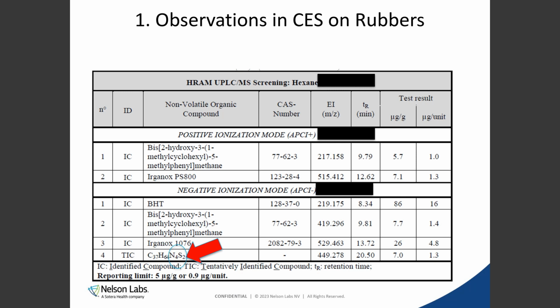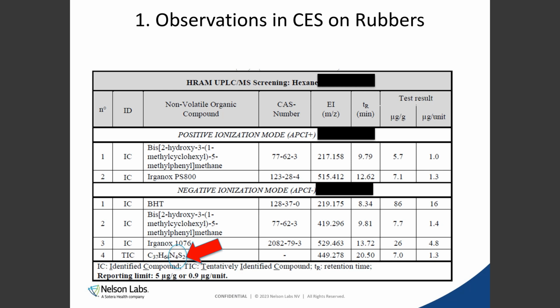To give you an example, this is an extraction profile we found in an older study, but such an extractables profile is very common. It is a UPLC-MS list of data, and one of those compounds is only partly identified.